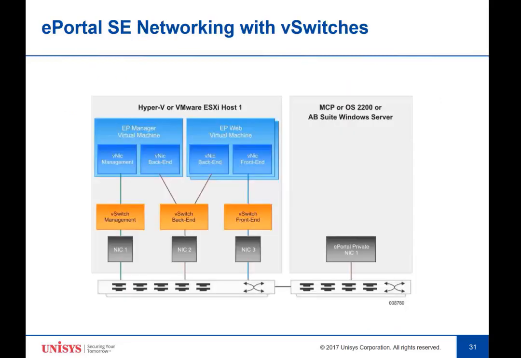Okay. Now an example of one, so this is one where we use vSwitches, and you'll see we have three physical NICs here, and then a ClearPath system or systems off-board here that we communicate over the back-end network.